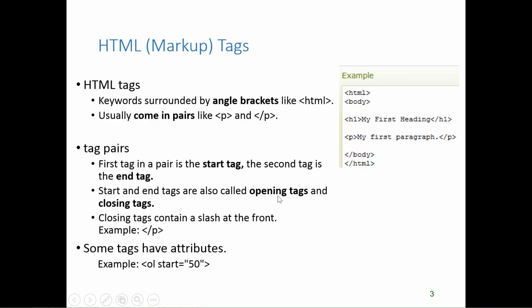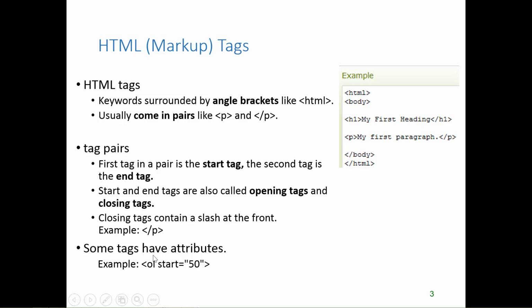These are also referred to as opening and closing tags. Closing tags always contain this slash. There are a few tags that are standalone. We'll look at that in a minute. In other words, they don't necessarily have a pair, but most of the tags have a partner they go with.